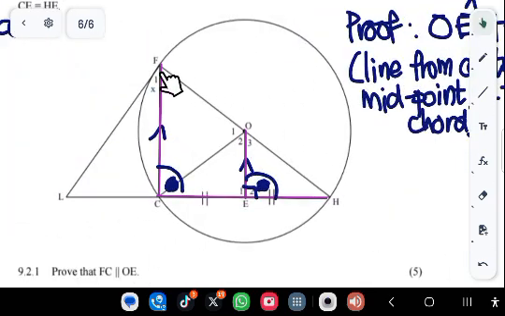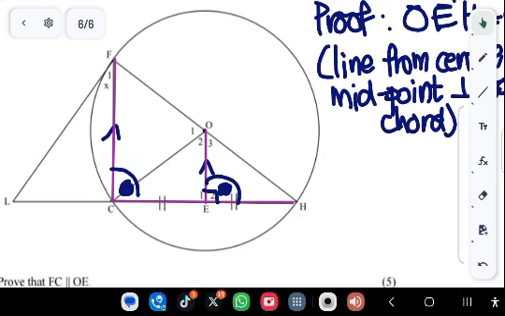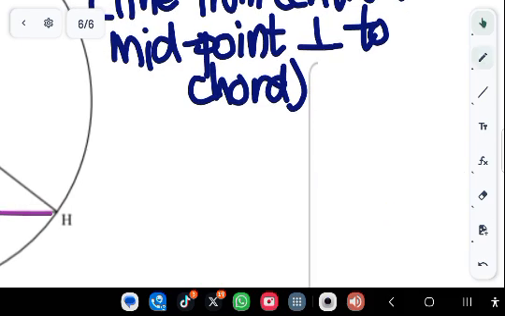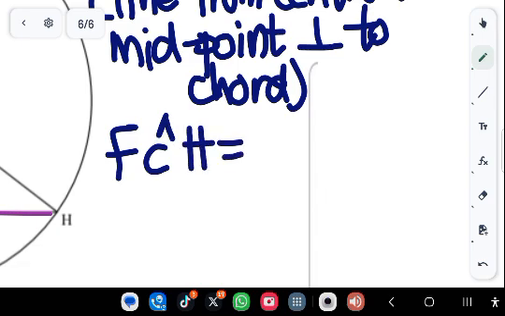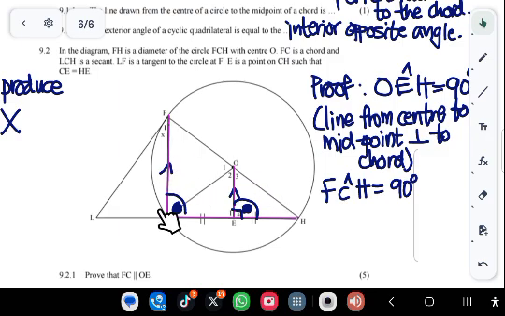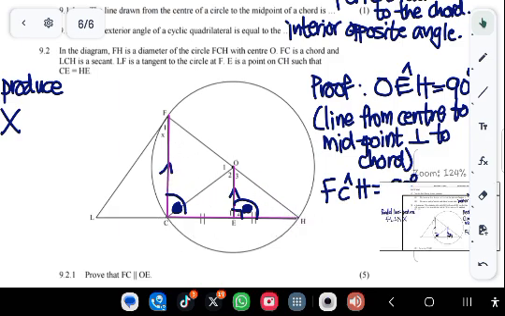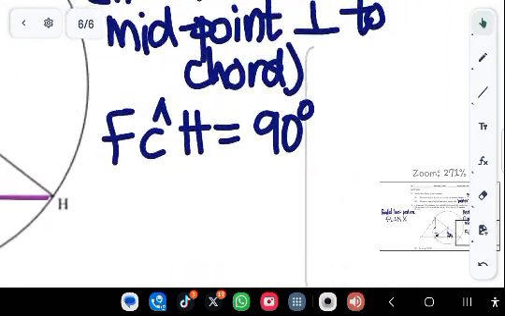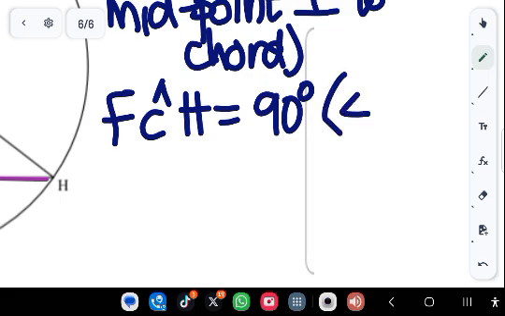But also notice that angle FCH is equal to 90 degrees, and the reason is it's an angle in a semicircle because FH is a diameter. So that gives us angle in semicircle.